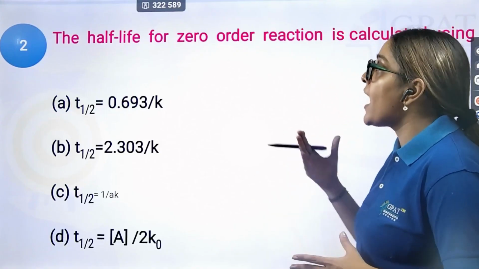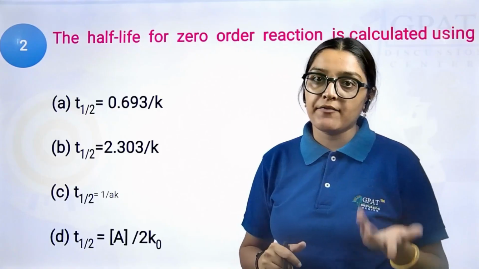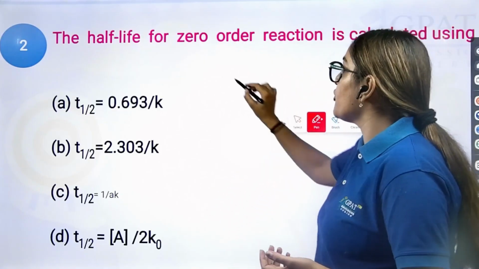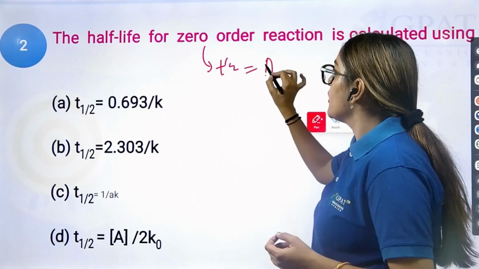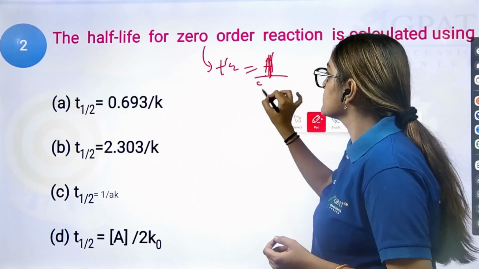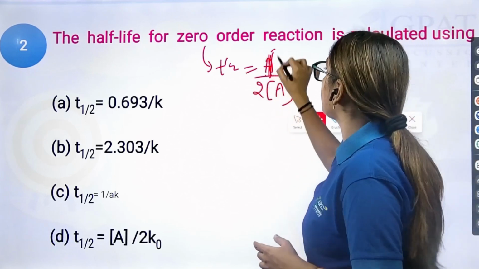Next question: half-life for zero order reaction can be calculated by. Again a very direct formula. For the zero order, T half is equal to A upon 2K.